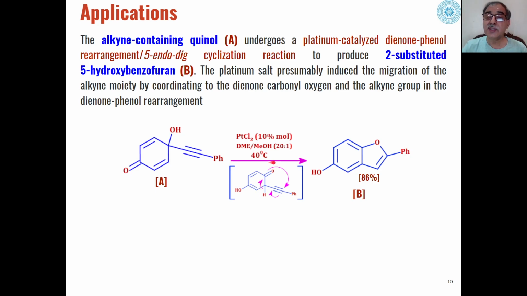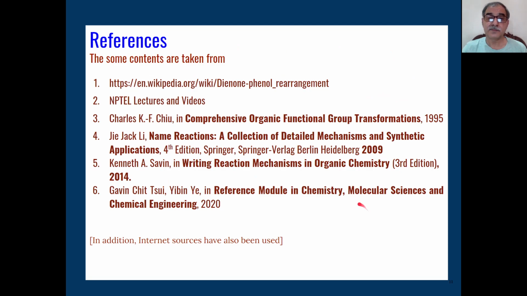But here the further reaction will take place. The phenol formed will undergo cyclization at this carbon of the carbon-carbon triple bond, and we will get 2-substituted benzofurans as the products. So here the dienone phenol rearrangement is followed by another cyclization reaction to give us these types of products.